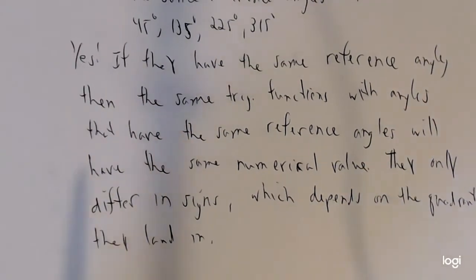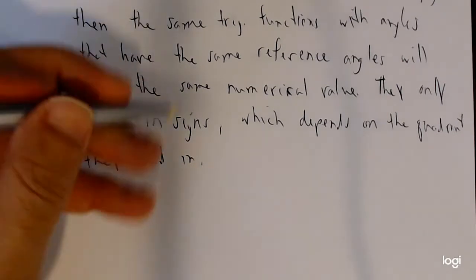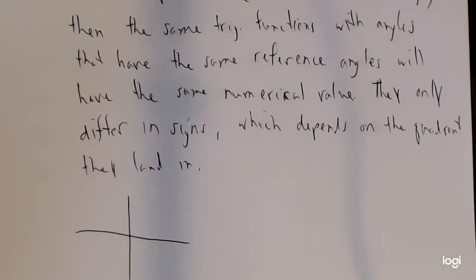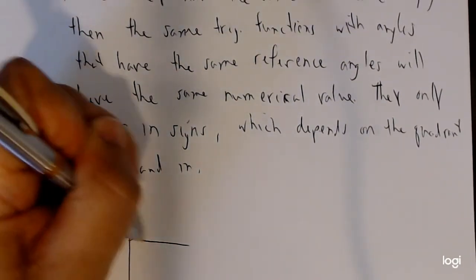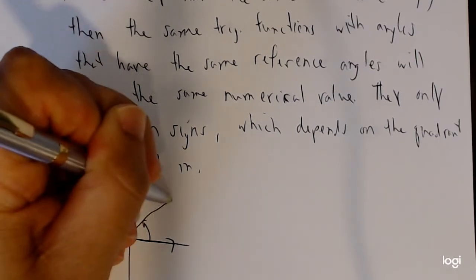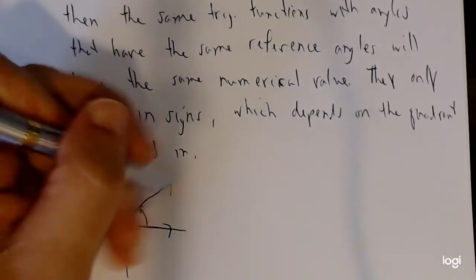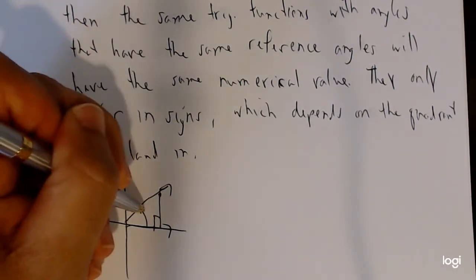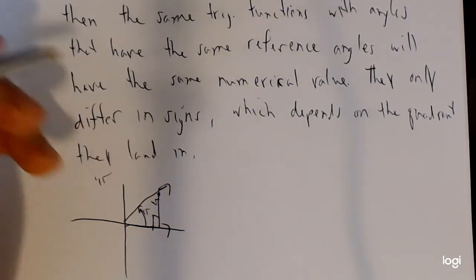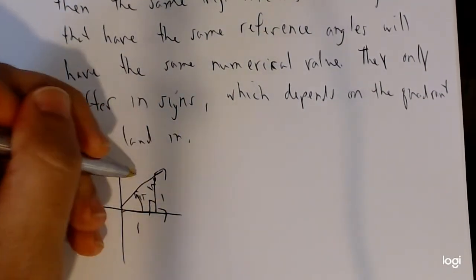The reason why I'm saying this is your work could be minimized. Let's say we are talking about 45 degrees first. If we were to draw the angle out, pick a point. This is a 45-45-90 triangle, and it's 1, 1, root 2.